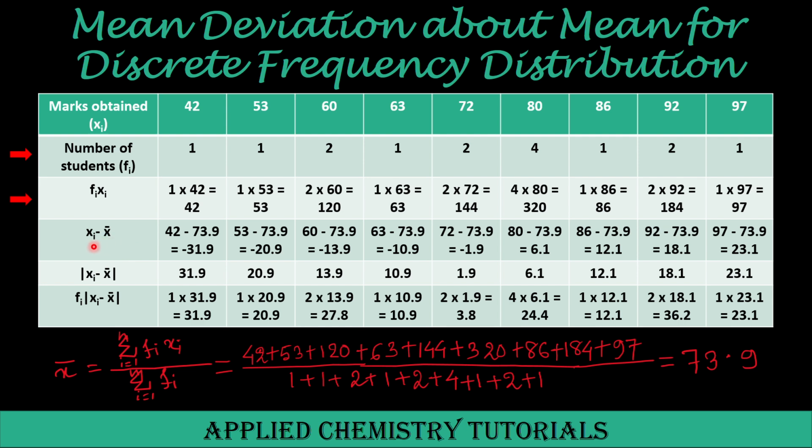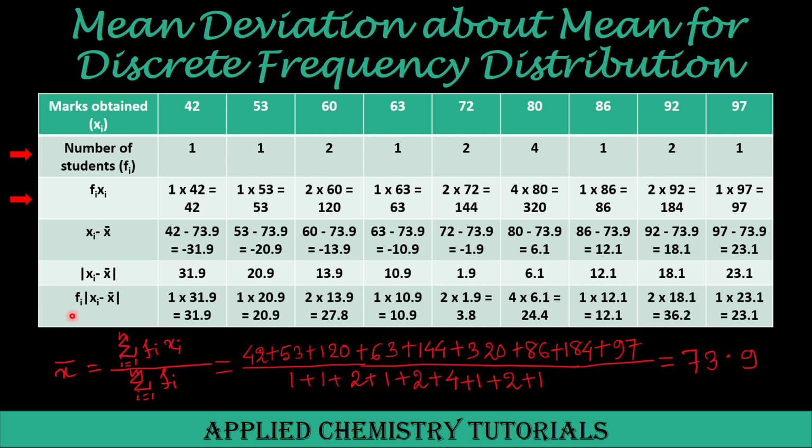After calculating all these terms we can take the absolute values of xi minus x bar. So all the negative values will turn into positive values, and the positive values will remain positive. So minus 31.9 will be 31.9, minus 20.9 will be 20.9, and so on.